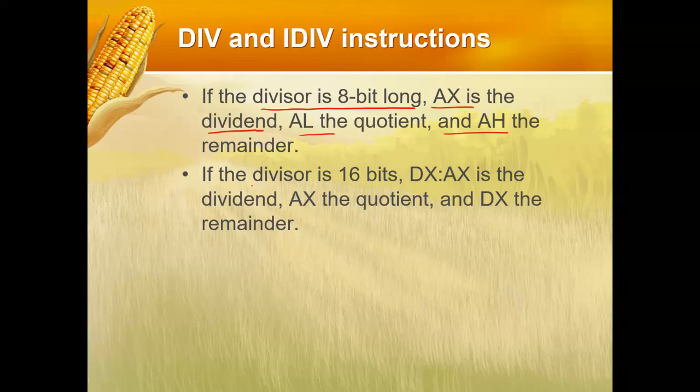If your divisor is 16 bits, your dividend will be taken from the DX and AX registers, and the quotient will be stored in AX and the DX will store the remainder.